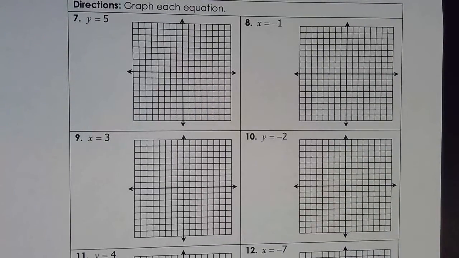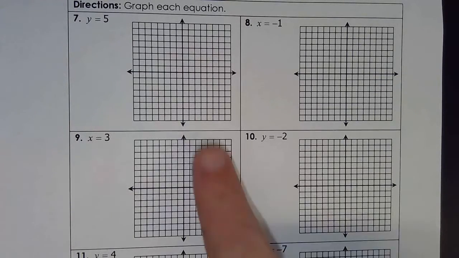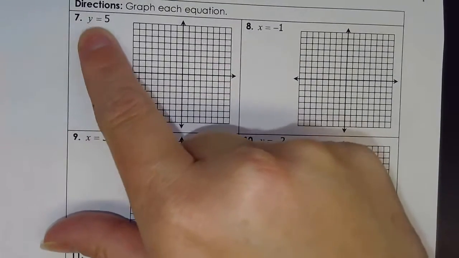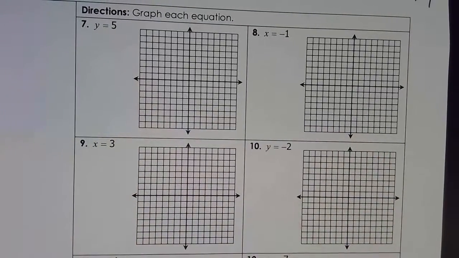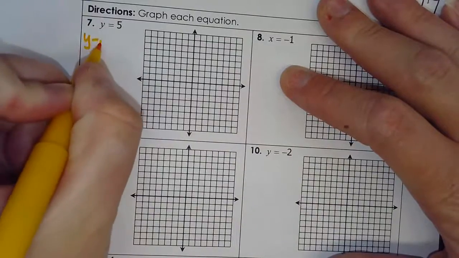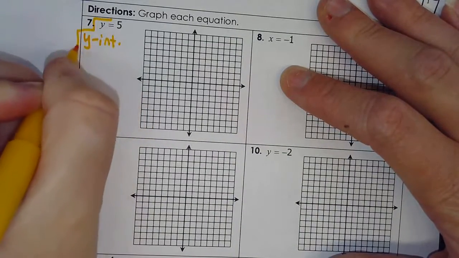So if you take a look at page 17, numbers 7 through 12, do you see how there's not really like a standard form equation? Like for 7, it's just y equals 5. For number 8, it's just x equals -1. Do you see that? So if we think about what we just did with our intercepts, these are all still lines, but this line has a y-intercept at 5.